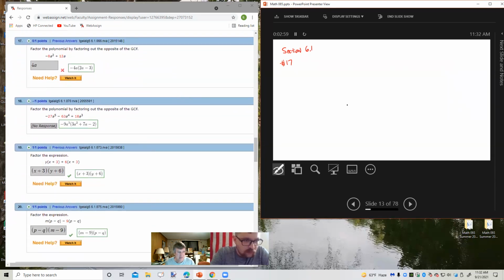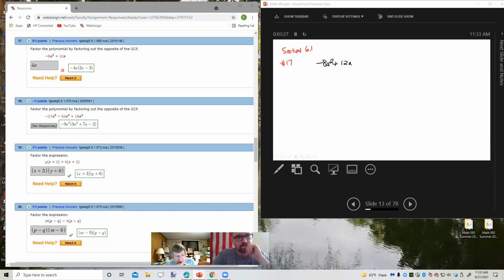Okay, so number 17, it says factor the polynomial. You can see here where the x's are, or it's incomplete. So the student had questions about this. Notice though, you don't know who it is. Factor the polynomial by factoring out the opposite of the GCF. So we've got negative 8a squared plus 12a.